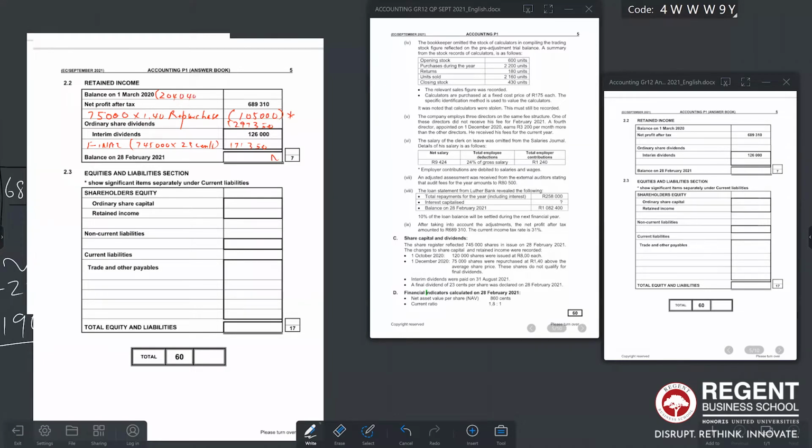204,040. That's the figure they gave me, but that is not your balance at the beginning of the year. That is the answer that they got after you subtracted the 105,000. You don't have to subtract it. Think again. You're thinking along the right lines, but just think again. The 204,040 is after the 105,000.